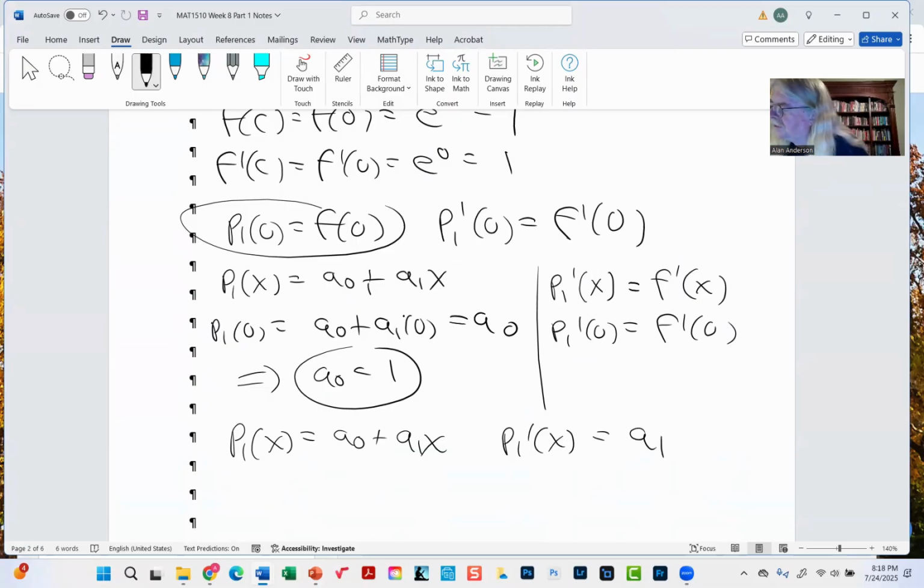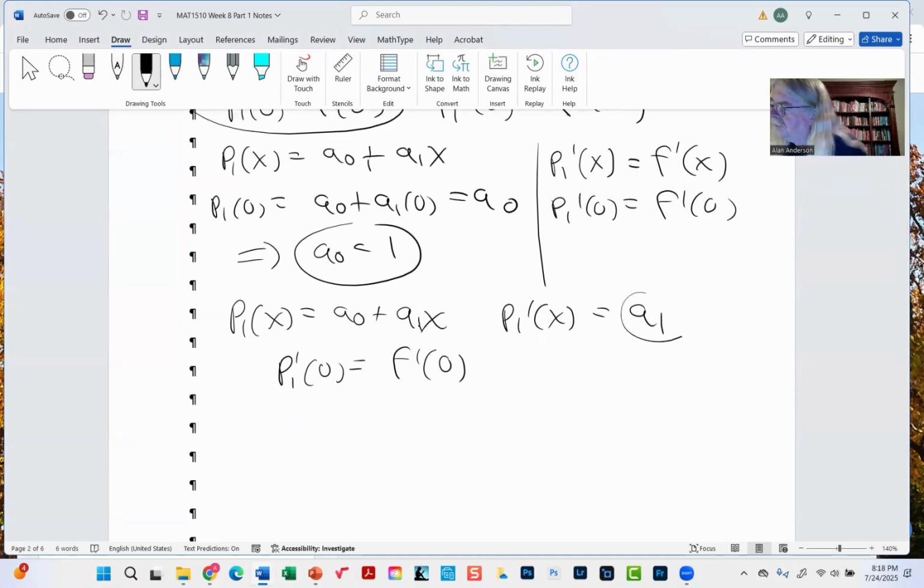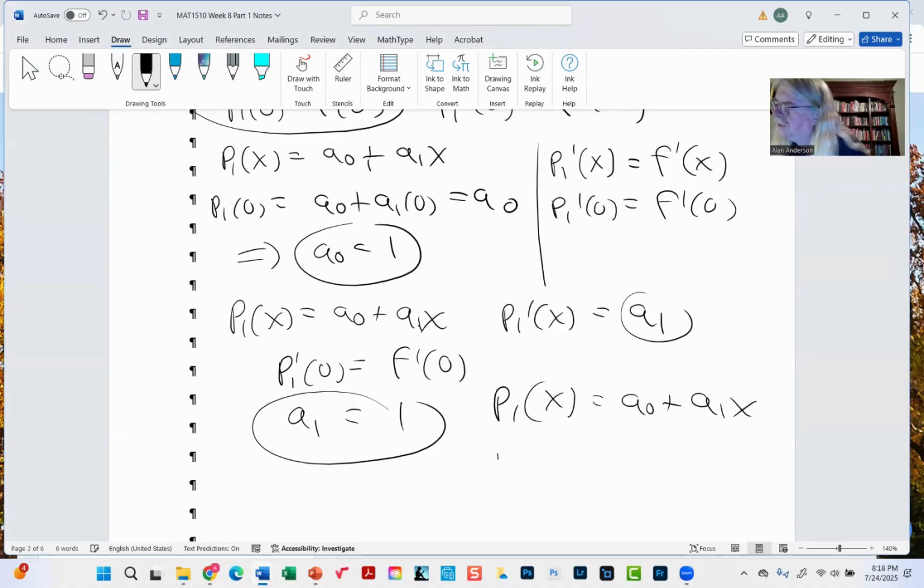Okay, and so that means that since p prime 1 of 0 equals f prime of 0, that indicates that, by the way, since this is a constant, this is just a1 anyway. And so that means that both a0 and a1 equal 1. So our polynomial approximation is simply going to be 1 plus x.